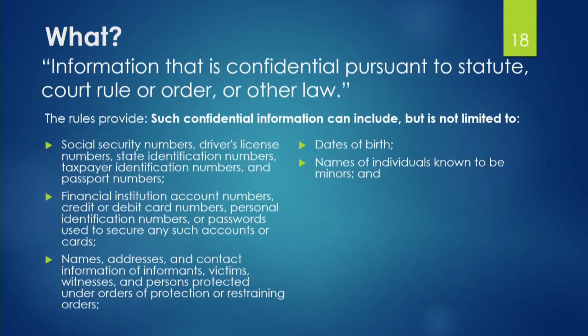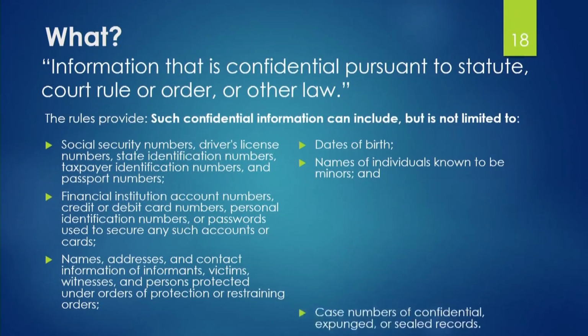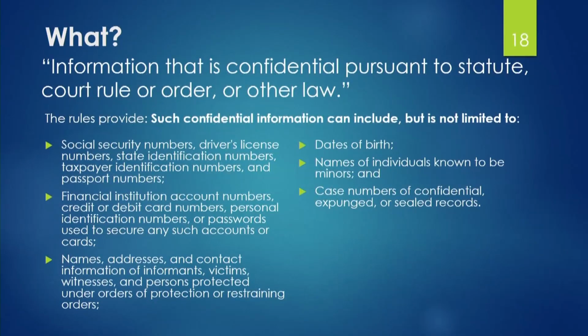Another problem that isn't intuitive is names of individuals known to be minors. So anyone who is a minor, who's named in some document that you're filing with the court, you're supposed to redact their names. Case numbers of confidential, expunged, or sealed records is another recognized category, but one of very little usage, I would expect.